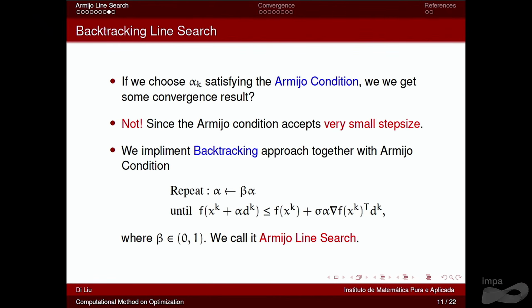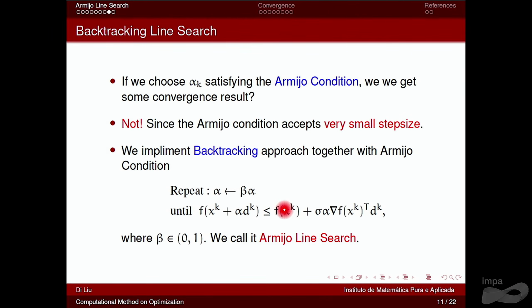So actually, in the practical computation, to guarantee the convergence with the Armijo condition, we implement this kind of backtracking approach, okay? Usually you can choose an initial alpha. For example, you choose alpha equals 1, and then you check whether it satisfies your Armijo condition.